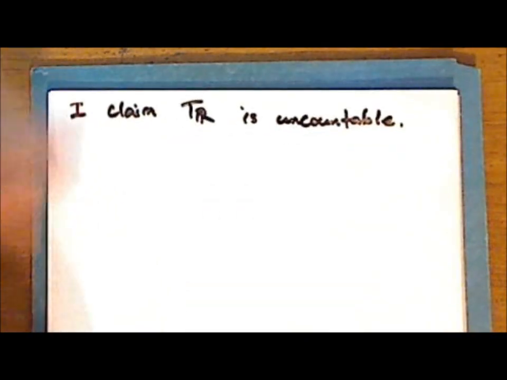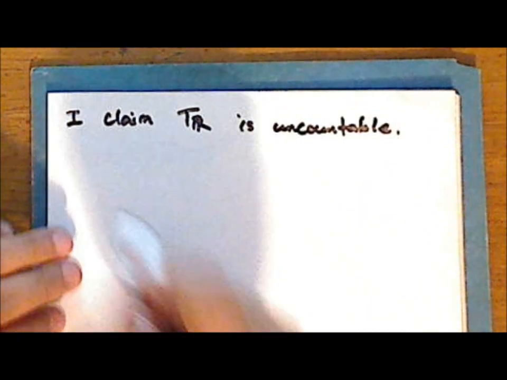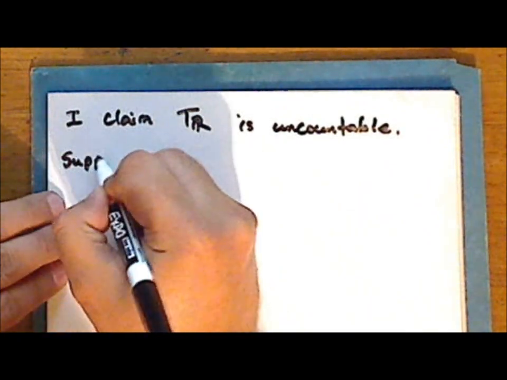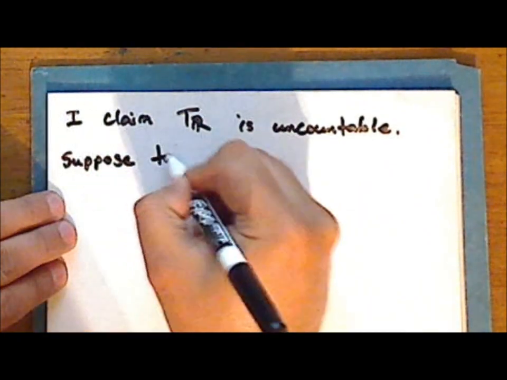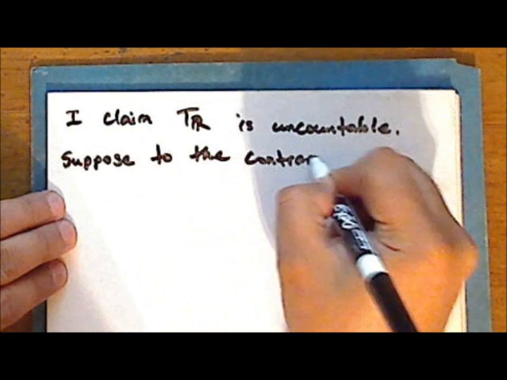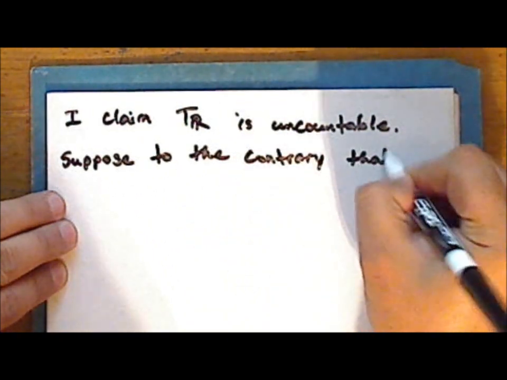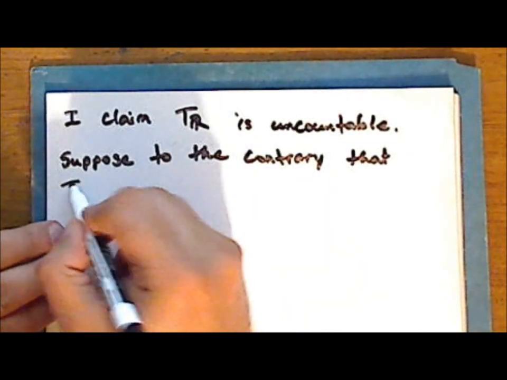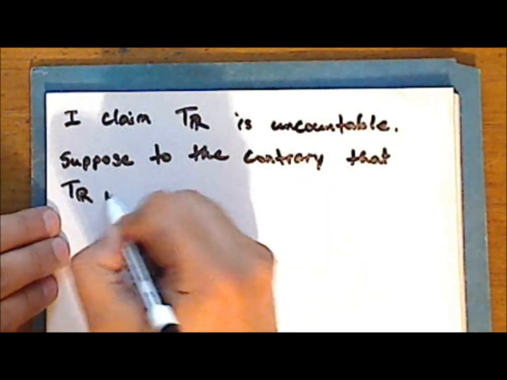So we're going to prove that it is by contradiction, so suppose to the contrary that the set of real transcendental numbers is countable.